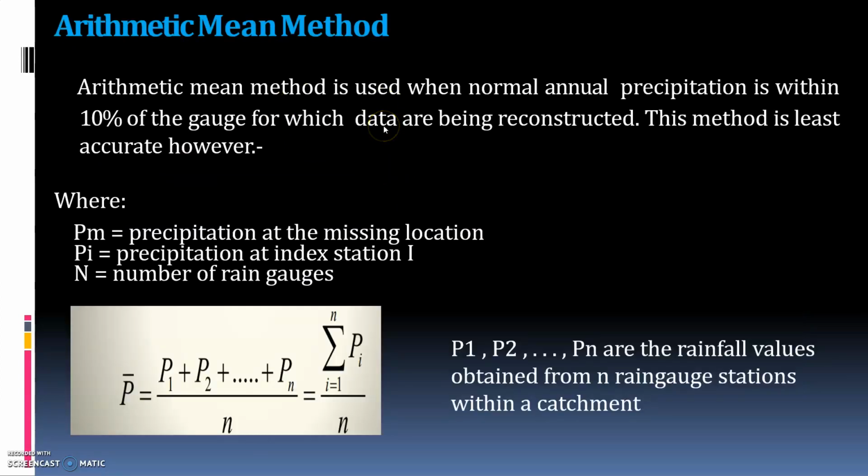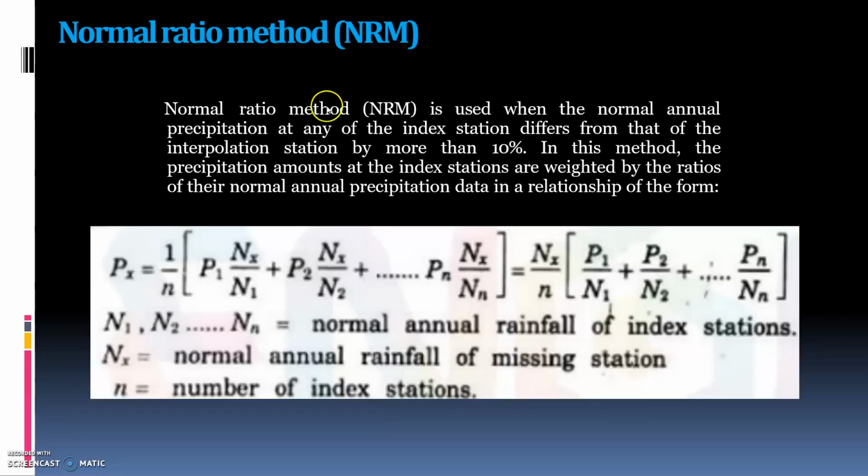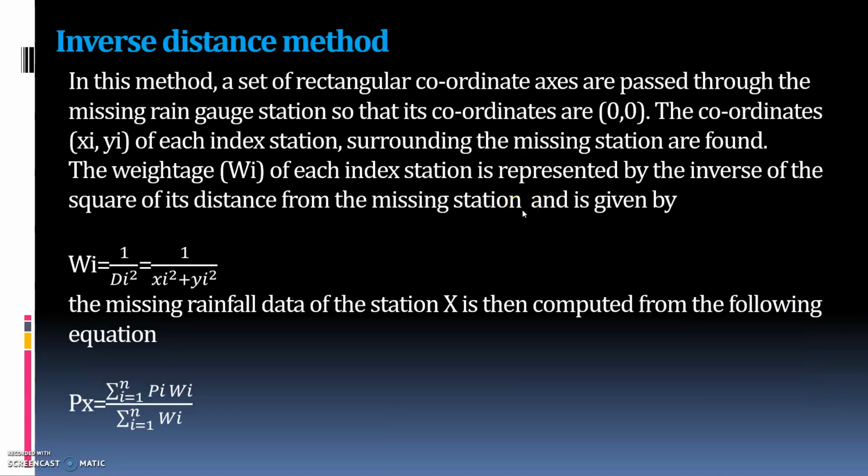The arithmetic method is mainly used when the normal annual rainfall of the missing station is within 10% of the normal annual rainfall of the index stations, the data of at least 3 index stations is available, and the index stations are evenly spaced around the missing station and as close as possible.